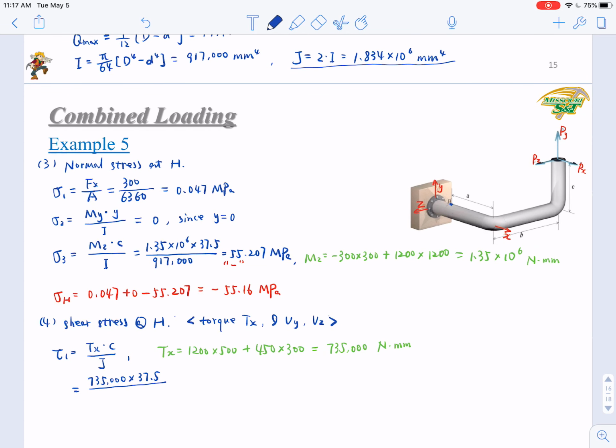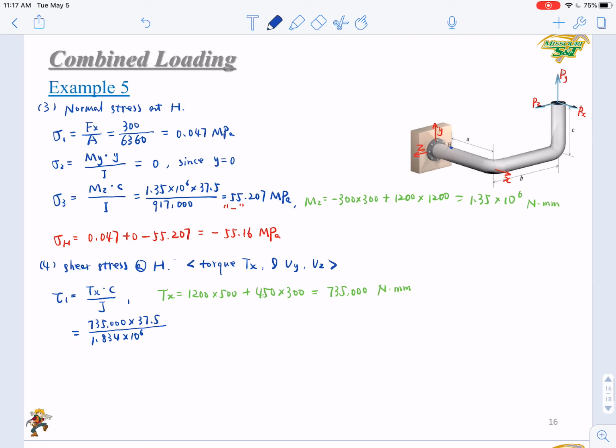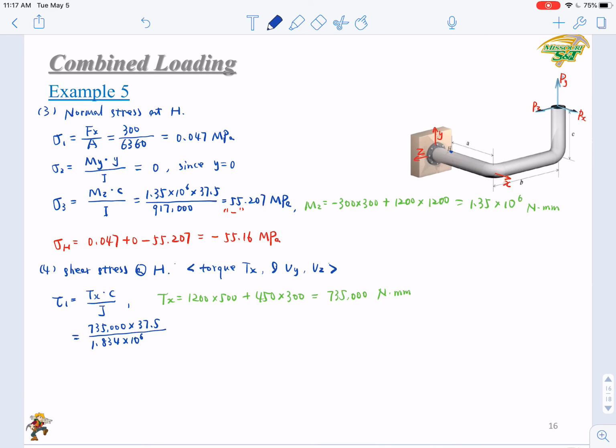Right, it's 1.834 million. And this will be 15.03 MPa. So what is the direction?